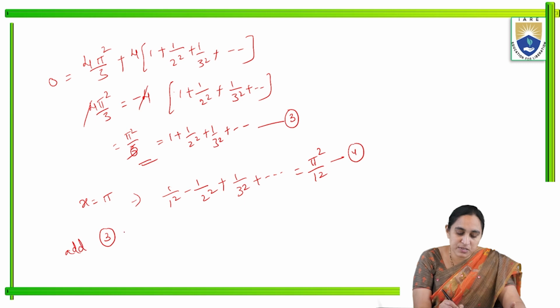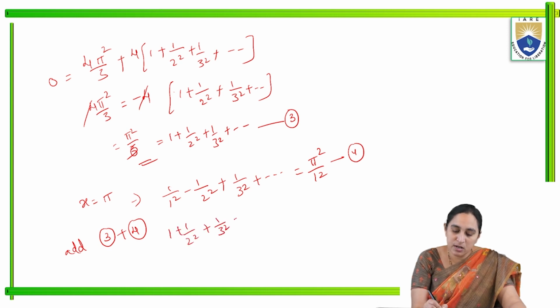Adding 3 plus 4. If you add the two, that is 1 plus 1 by 2 square plus 1 by 3 square and so on, plus 1 by 1 square minus 1 by 2 square plus 1 by 3 square and so on, is equal to pi square by 6 plus pi square by 12.